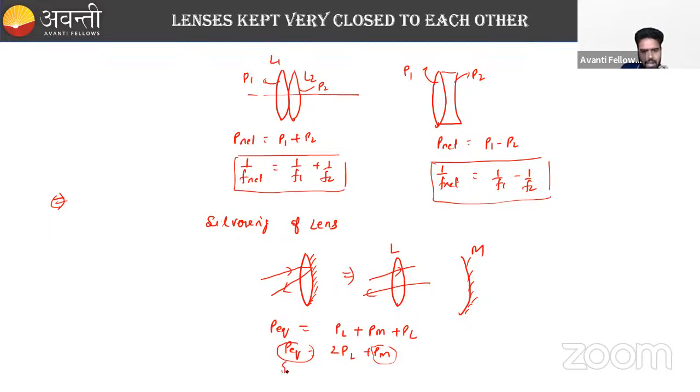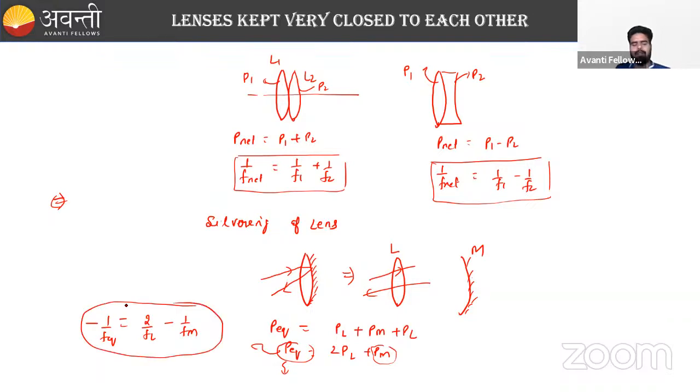We can see this is also behaving like a mirror. This can be written as minus 1 upon F equivalent equal to 2 times 1 upon FL plus 1 upon F mirror. This is the equation whenever silvering of lens is given, and we can apply this formula.